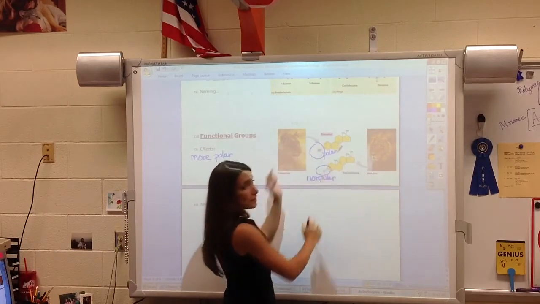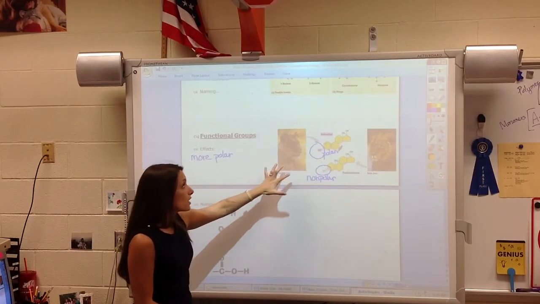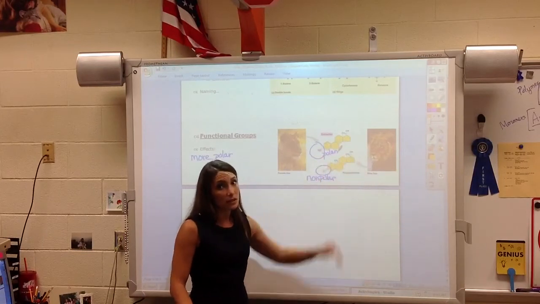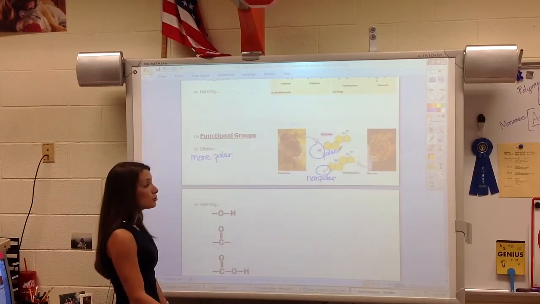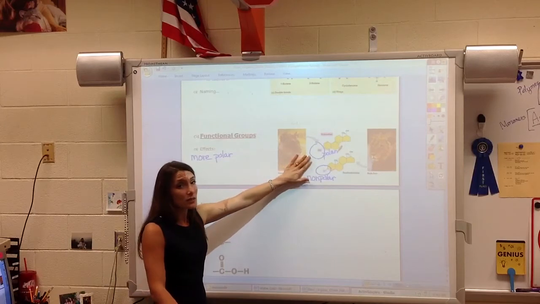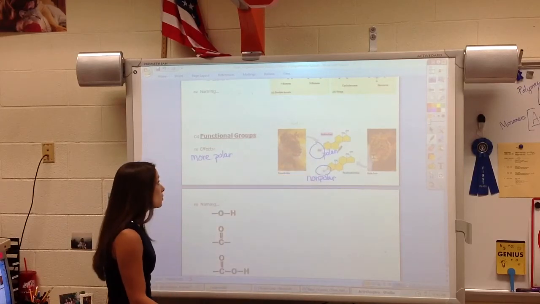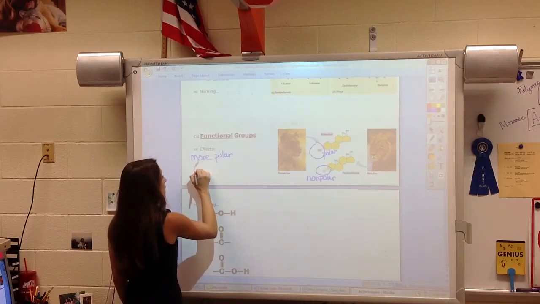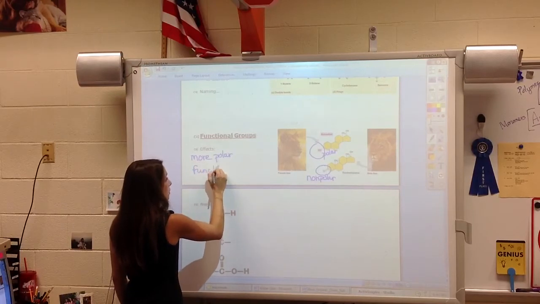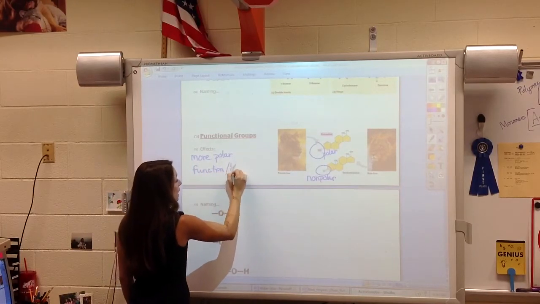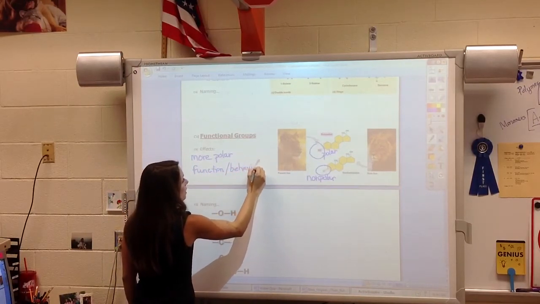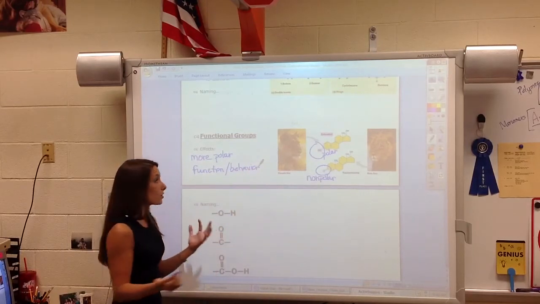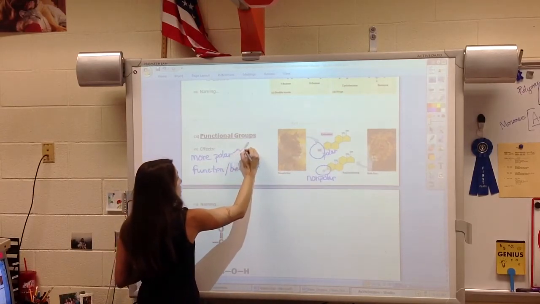So these are the two sex hormones, and this is what gives us a lot of the differences in the sex features, the gender features. And we're talking about very small differences in the molecule having a big effect in the function. So the behavior of that molecule: is it polar? Is it nonpolar? Does it dissolve in water?